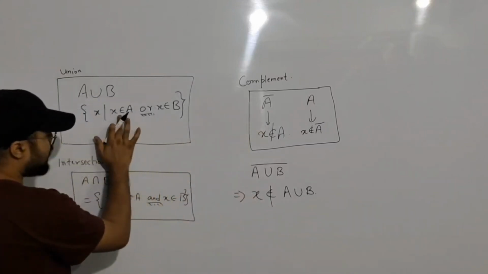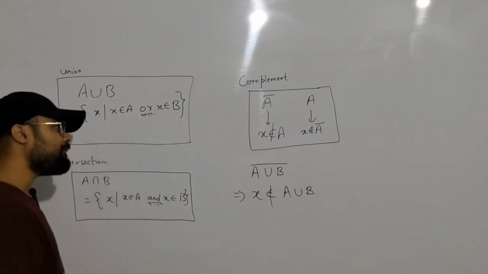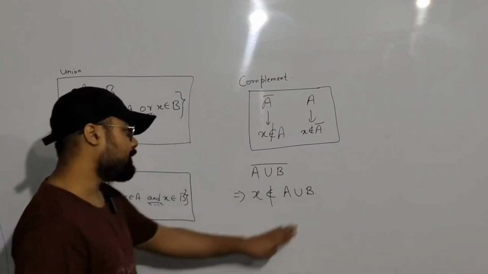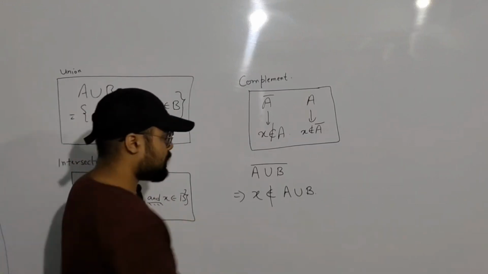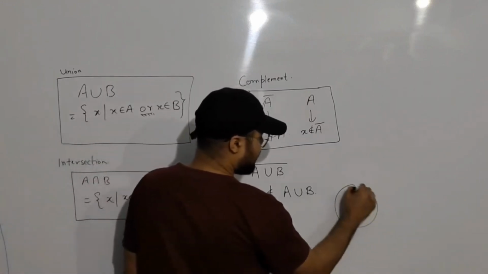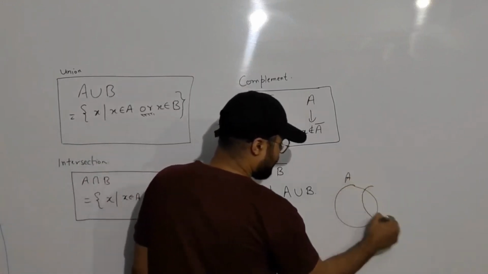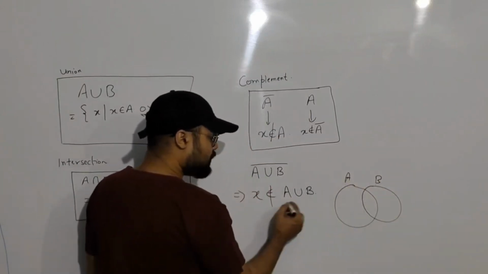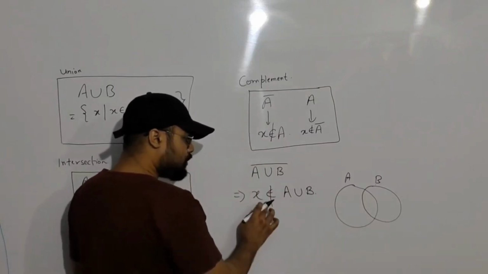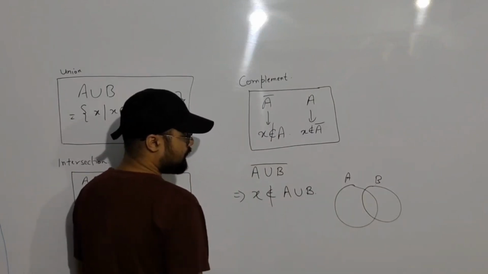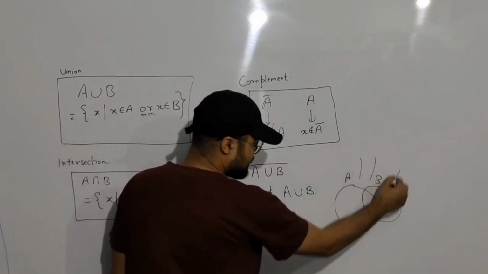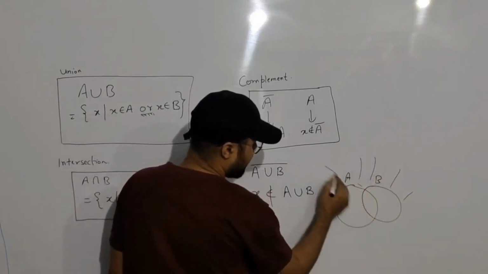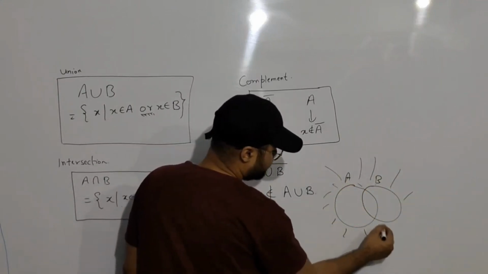A union B means it either belongs to A, or if it belongs to B, then I will include it in A union B. So if it is in A or if it is in B, I am going to include it here. But I want those X that do not belong to A union B, meaning I want these regions, right?